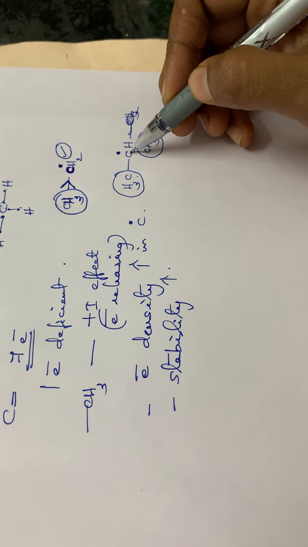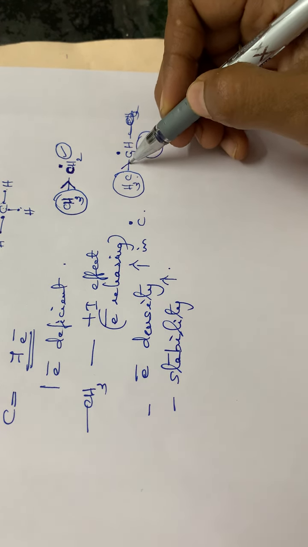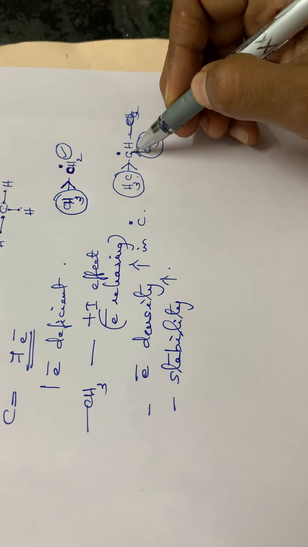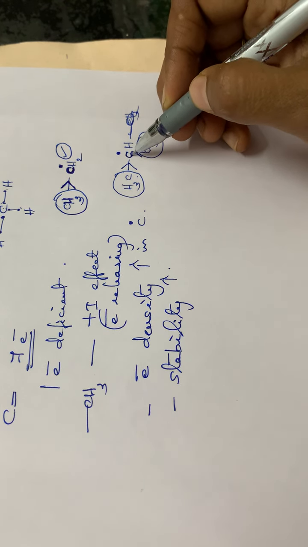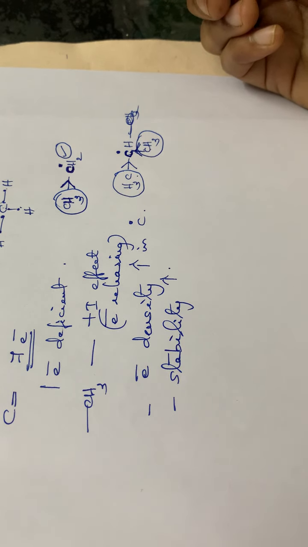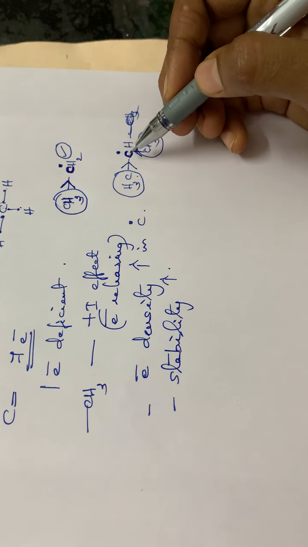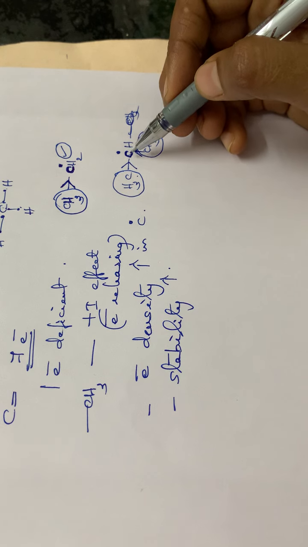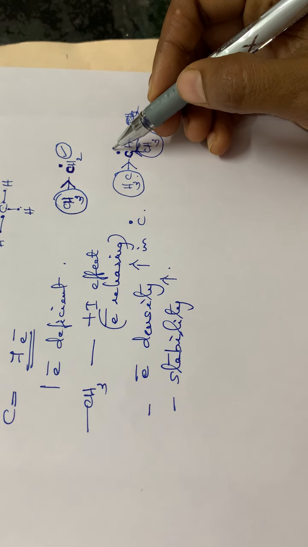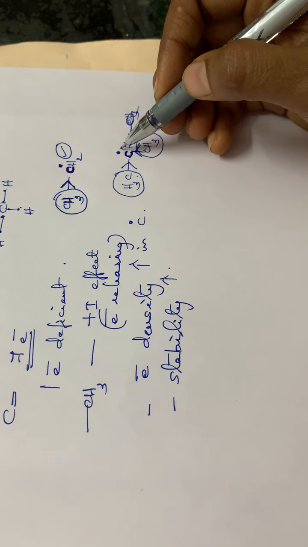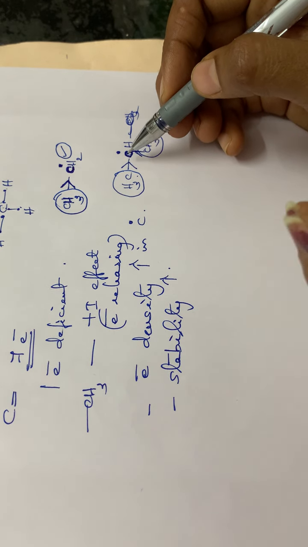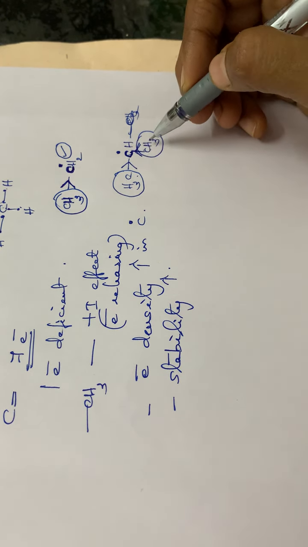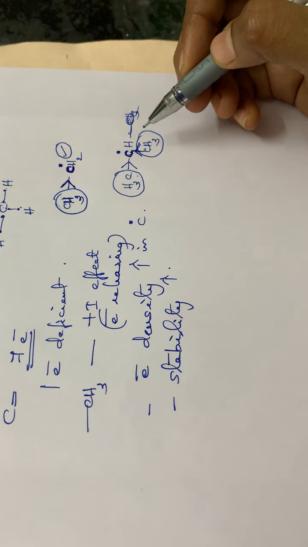Again the electron releasing effect will be towards this carbon atom, so the electron deficiency will be further decreased due to the presence of these 2 methyl groups.